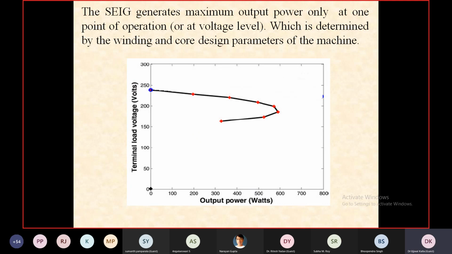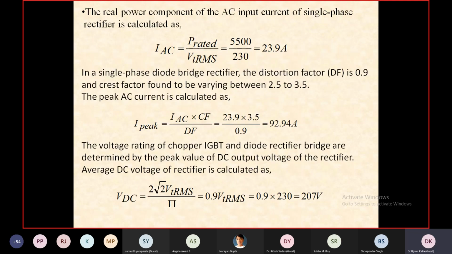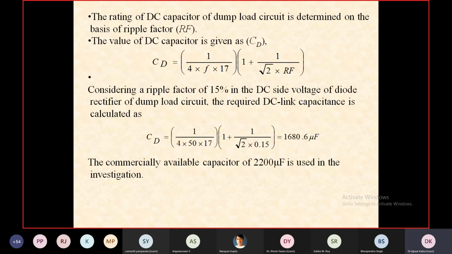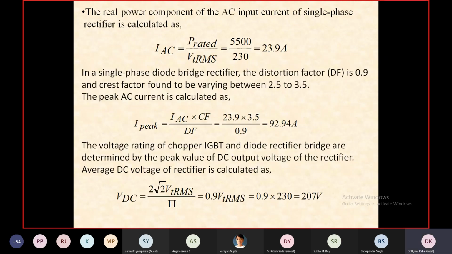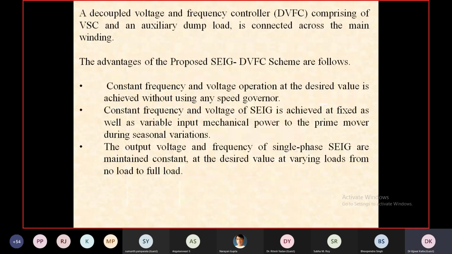I also published a paper in IEEE Transactions on Industrial Electronics, the same scheme. So this LMDT is also, both of these schemes are available on IEEE Xplore. You may also read those papers. If you have any problem, I can also send you the same.